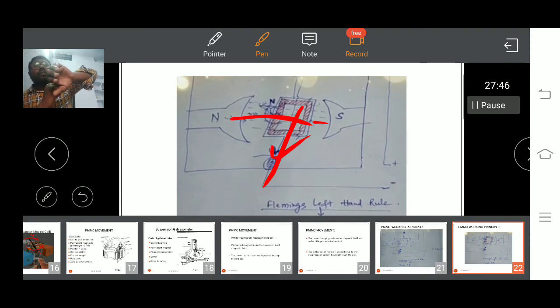To cut the magnetic flux, finally the force is established between the magnet and the coil. Based on this force, the deflection is observed on the deflection scale. In this way, we observe the mechanism in this topic.